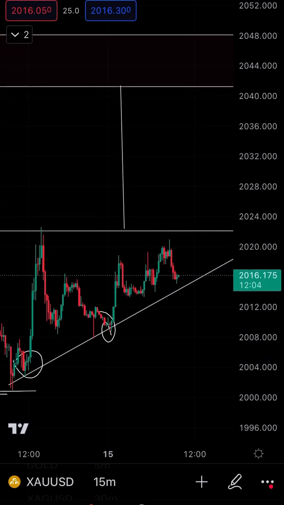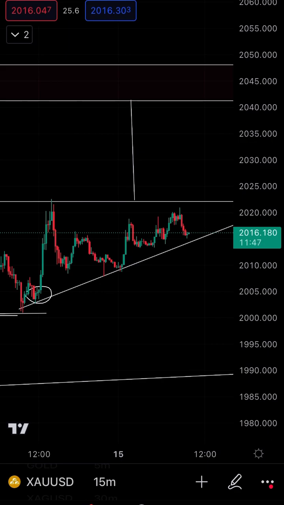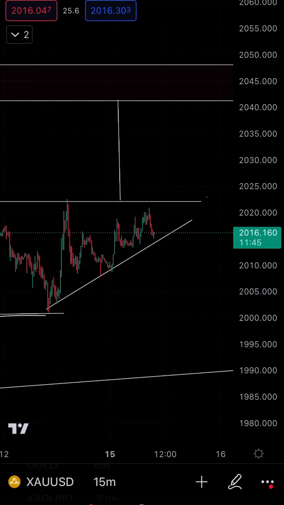Gold from 2016 right now to 2040 is about 240 pips. So you don't run emotion, just flow the market, whatever it brings to you.